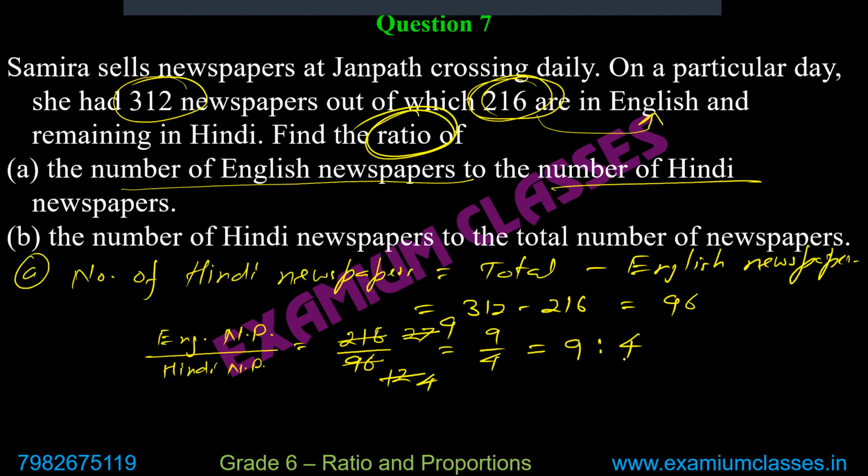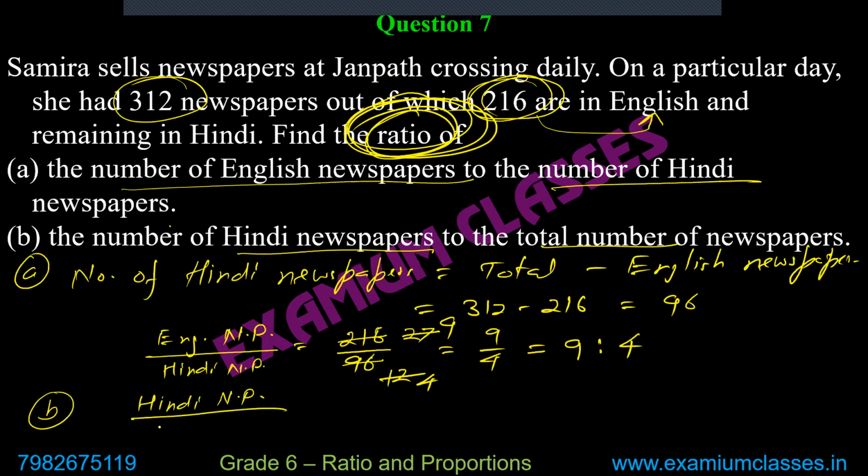Okay. Next one, the ratio again, Hindi newspaper to total newspaper. So part B will be Hindi newspaper to total newspaper. Hindi 96 divided by total given 312. And we need to simplify.